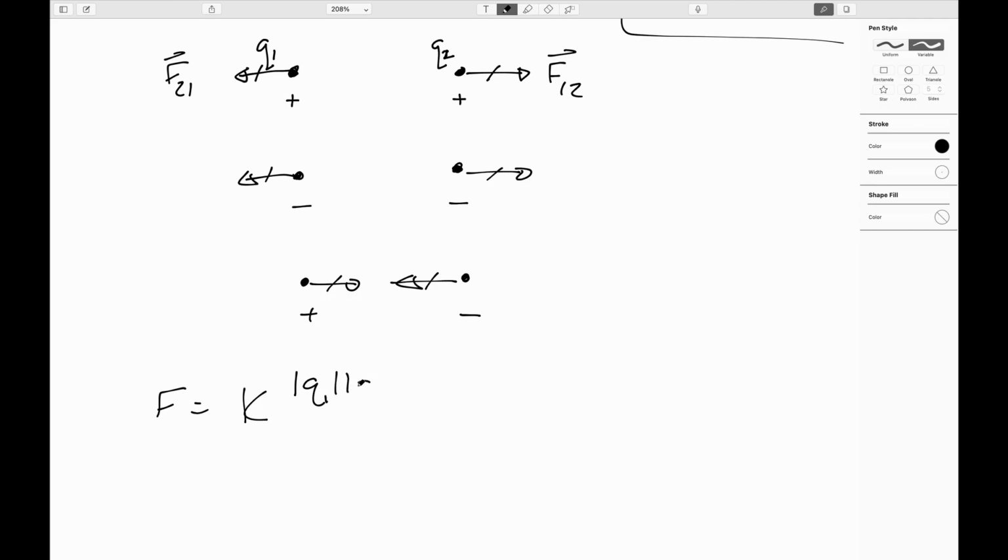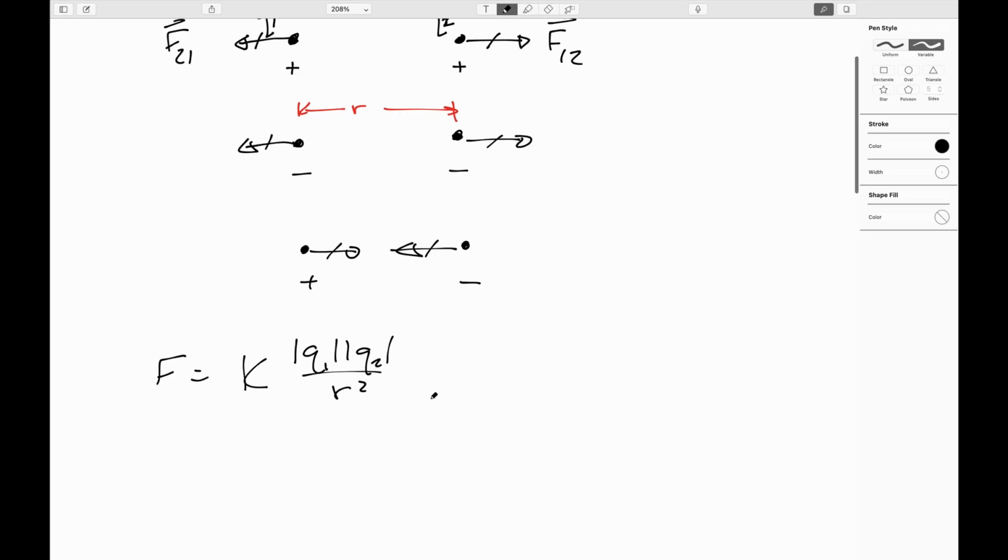Absolute value Q1, absolute value Q2 over r squared, where r is the distance between the two charges. For the moment, we'll just handle directions by using our common sense and remembering that like charges repel and opposite charges attract.